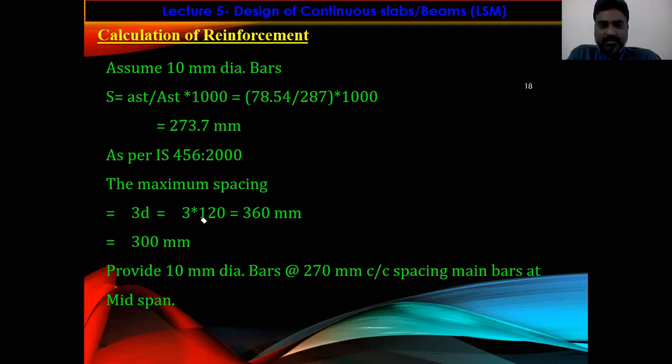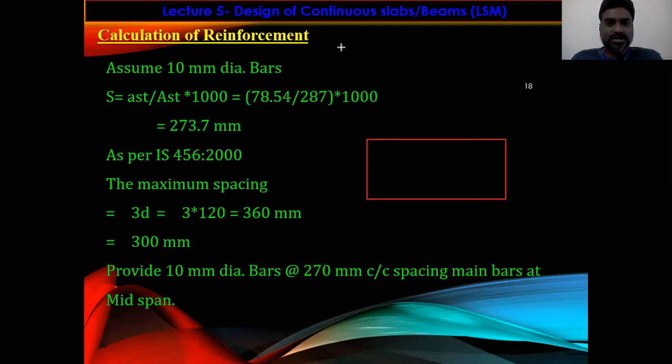So after this, you need to determine the distribution steel, because main reinforcement is provided in the shorter span direction. So that main reinforcement should be provided in shorter span direction, and the distribution steel should be provided in the longer span direction, right? So that means just I would like to show the diagram. So suppose if this is your one panel, for example, this is a shorter span.